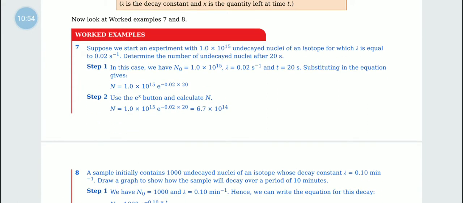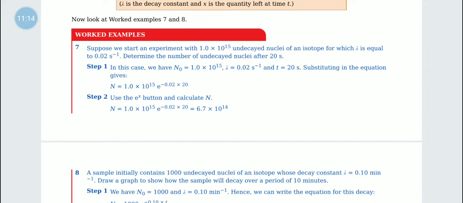Suppose we start an experiment with 1 into 10 to the power 15 undecayed nuclei of an isotope for which lambda is equal to 0.02 per second. Determine the number of undecayed nuclei after 20 seconds. So we write down whatever they have given here.